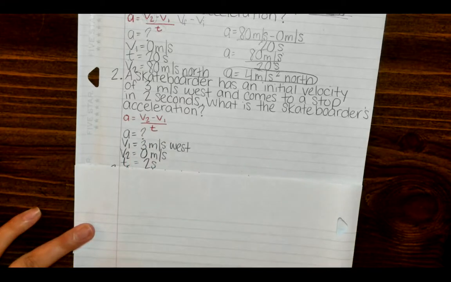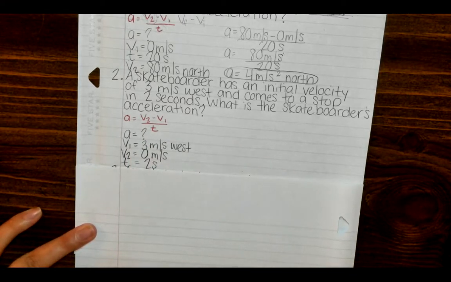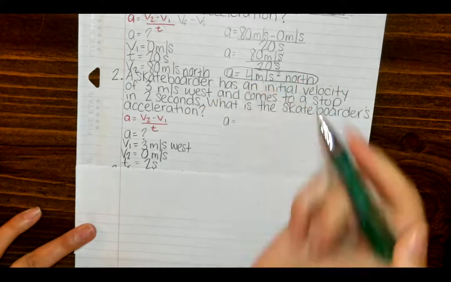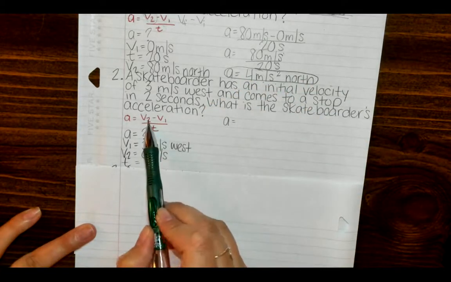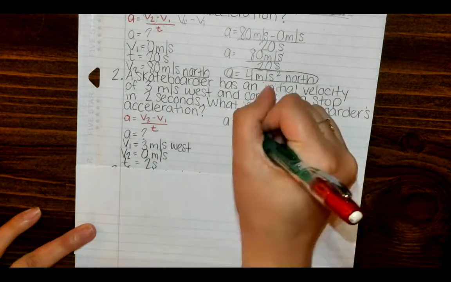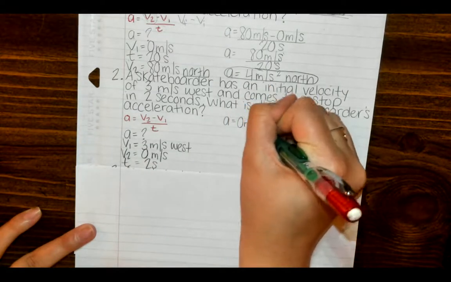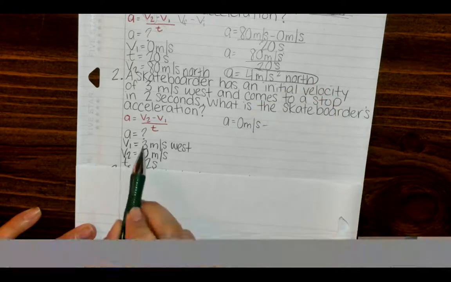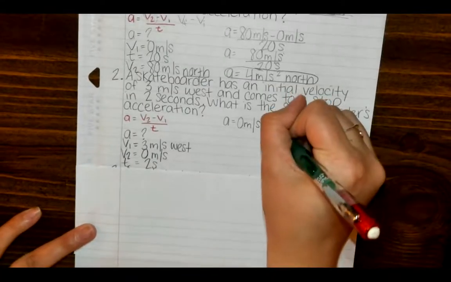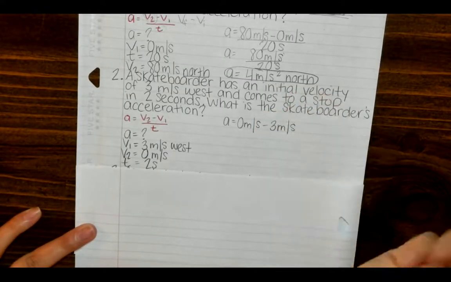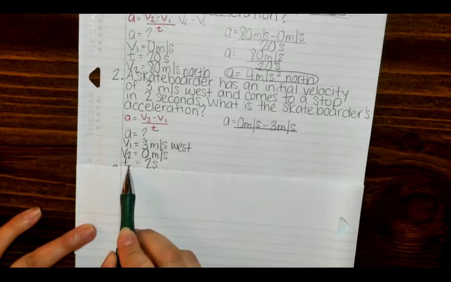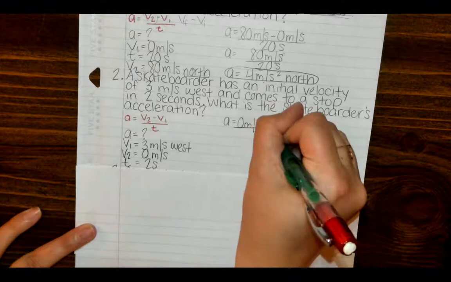We have all of our information and now we can apply it to the formula. So we have A equals, and we're going to plug in our V2. Our V2 is 0 meters per second minus our V1, and our V1 is 3 meters per second. And that goes all over our time, which is 2 seconds.